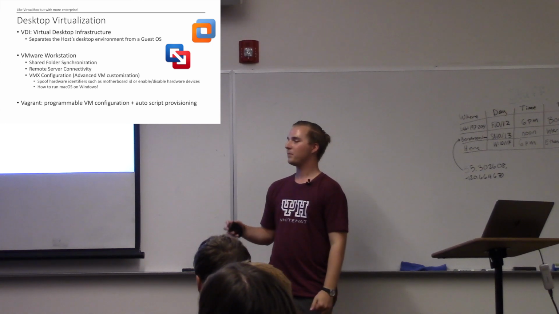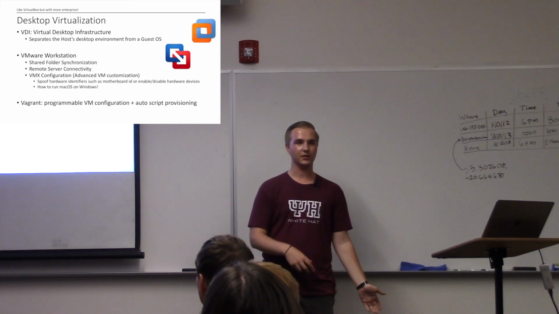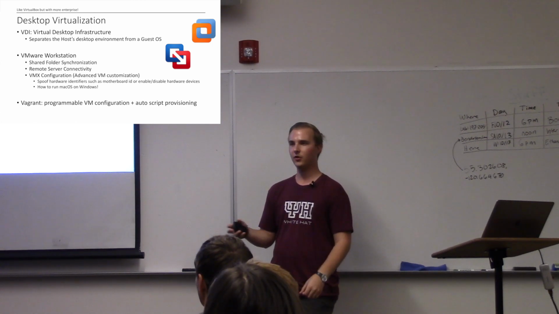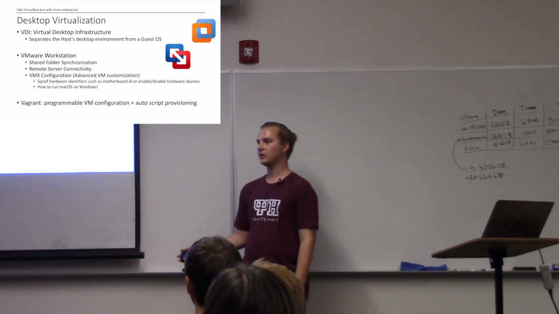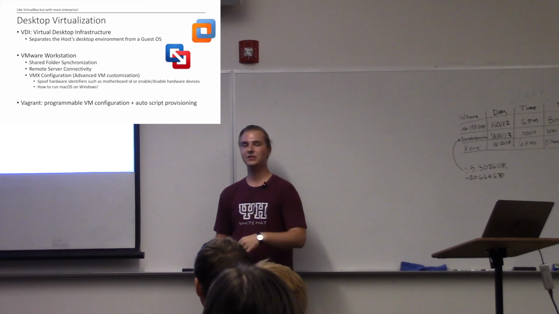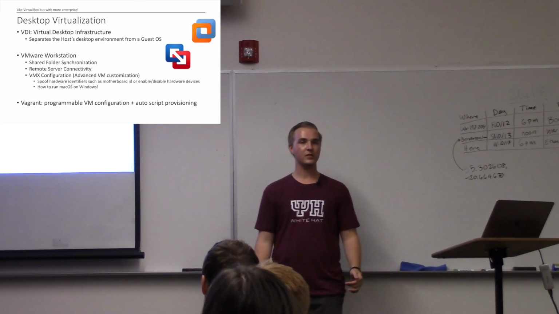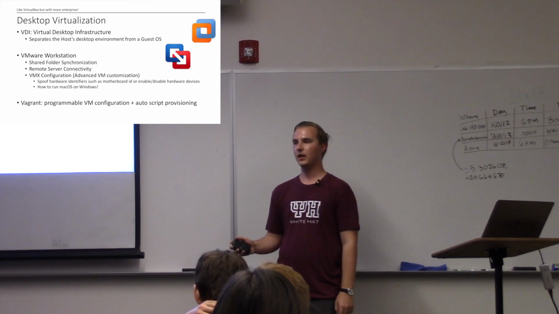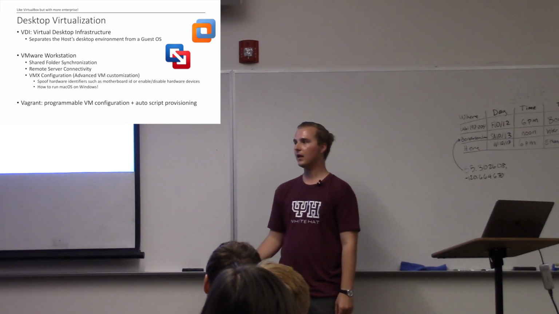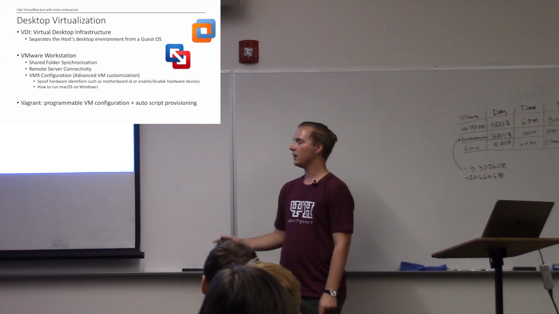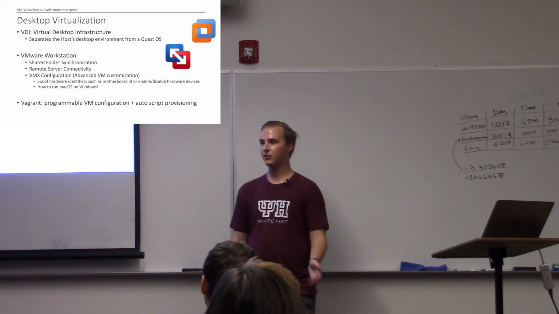But the really cool one that we as Cal Poly students have access to is VMware Workstation, which is like a $300 professional program that we managed to get for free through OnTheHub. And this is a really cool program because it's basically targeted at prosumers and enterprise users, and allows you to do virtualization at a much more efficient rate, in addition to having several nice features.